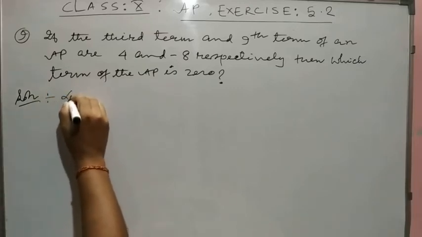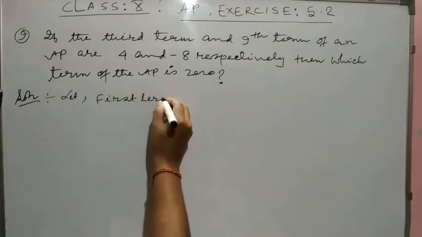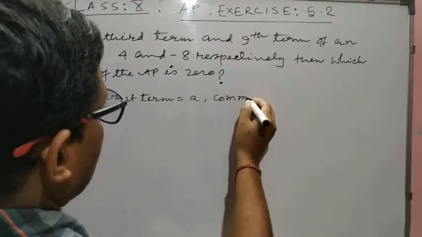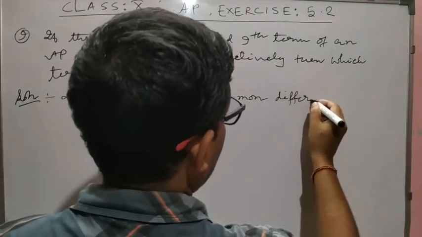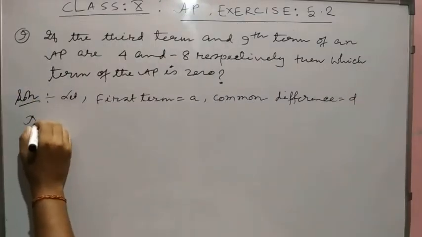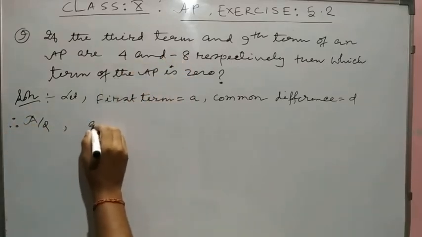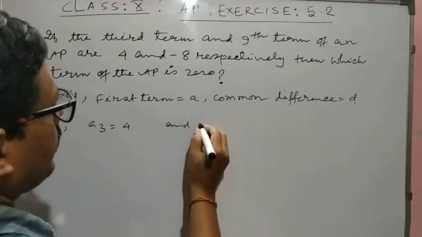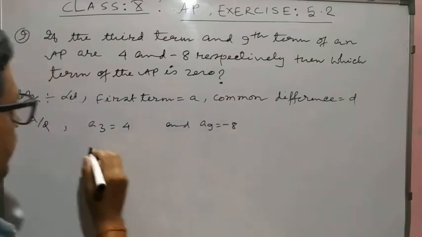Solution. Let first term equal A, common difference equal D. Therefore according to the question, third term A3 equals 4 and ninth term A9 equals minus 8.